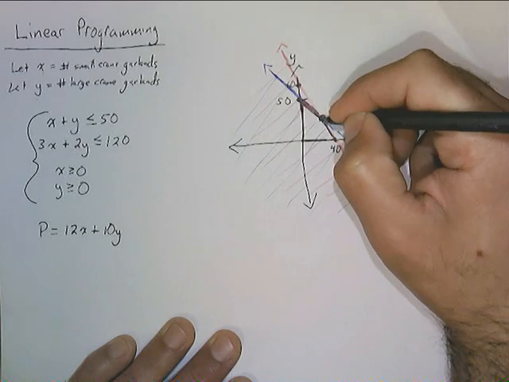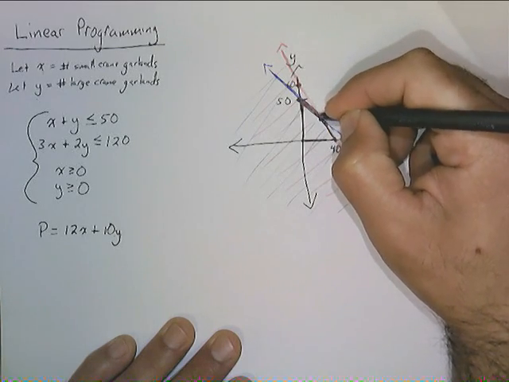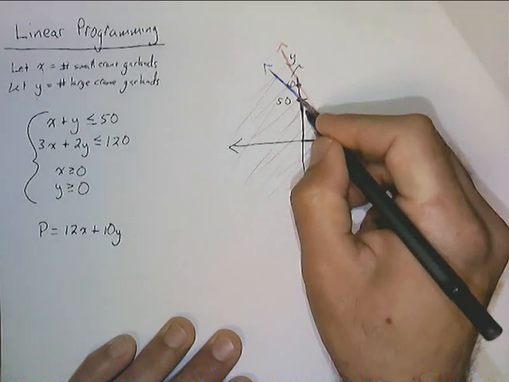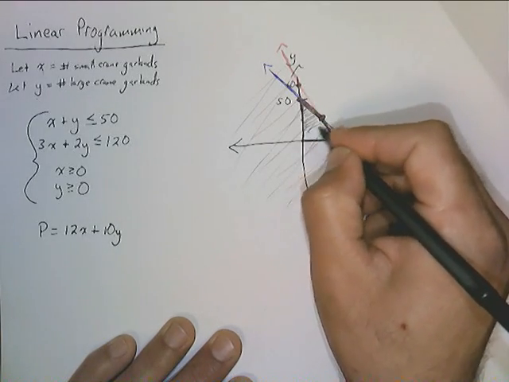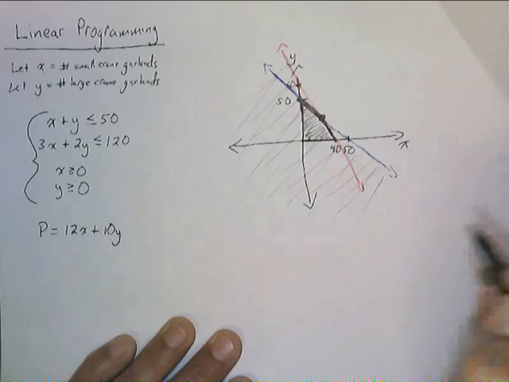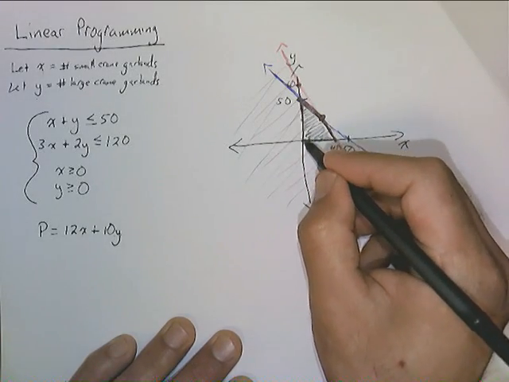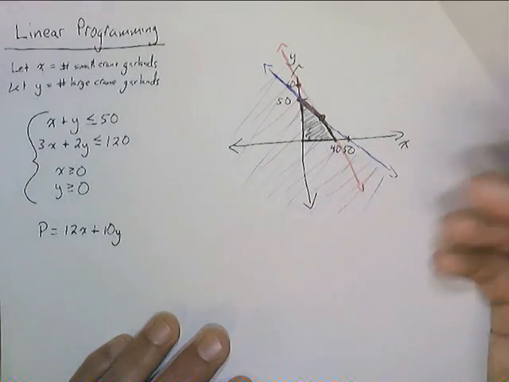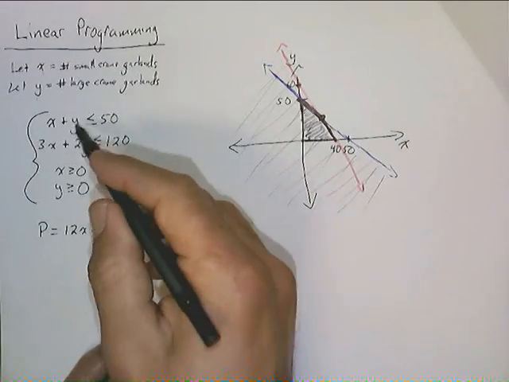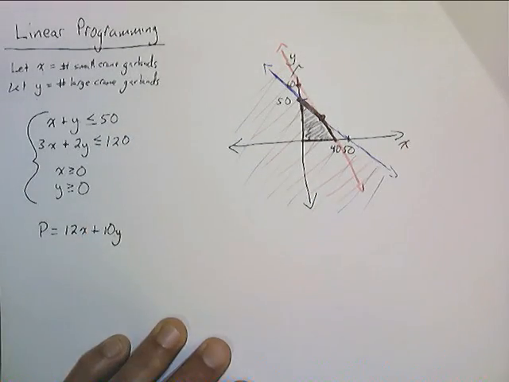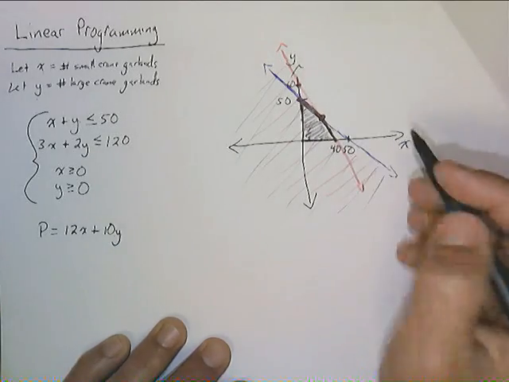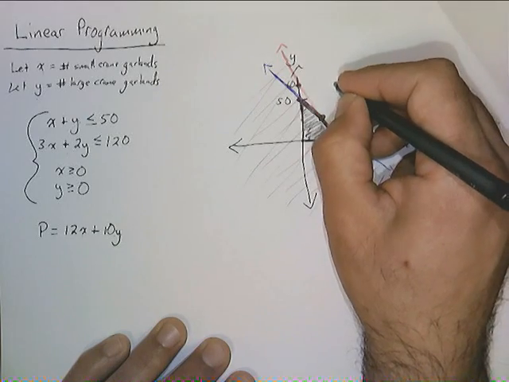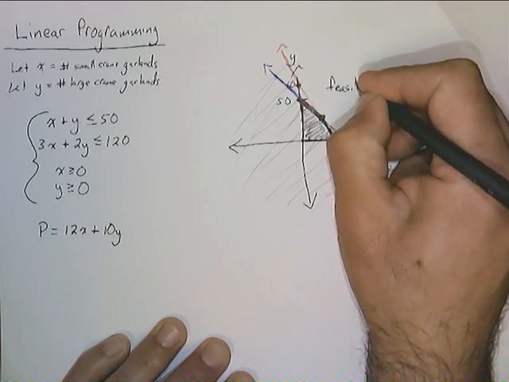There's a little angle there, it's a little tough to see, but it's definitely there. What we're really looking at is this quadrilateral right in here. All the points on these boundary lines and inside the quadrilateral are the points that satisfy all 4 of these inequalities. And this, in linear programming, is what we call the feasible region.